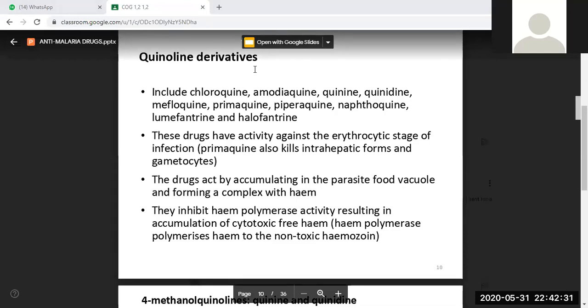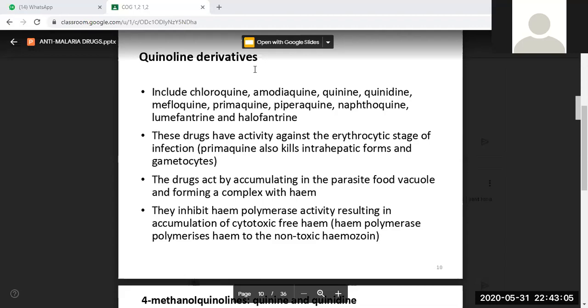The drugs will be acting by accumulating in the parasite food vacuole and forming a complex with heme. Okay? So the parasite will be infected by the drug, for lack of a better word. And then it will be in the vacuole where it will form a complex with heme.